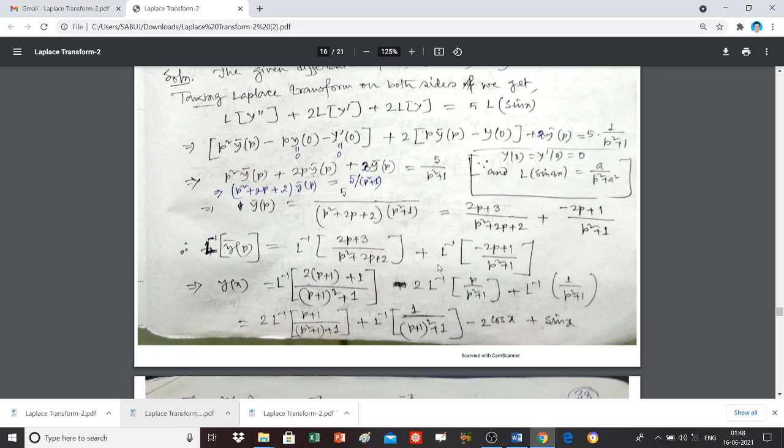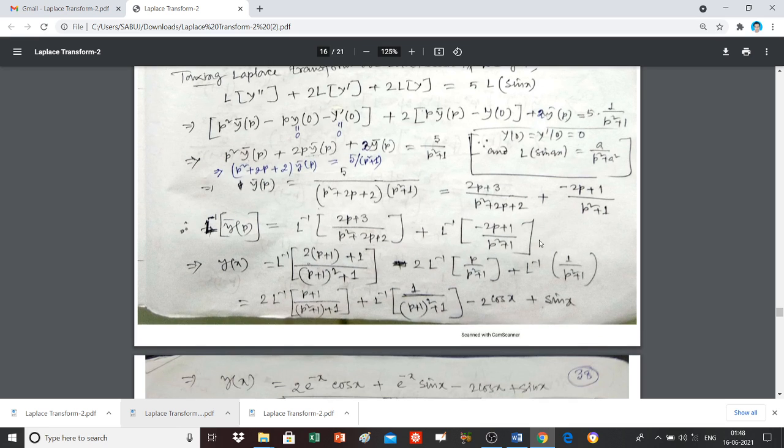And after that, the negative sign is here, this 2 is here, L inverse p by (p square + 1), and plus L inverse 1 by (p square + 1). So just separating these terms, from the first term we will get 2 L inverse (p + 1) by ((p + 1) square + 1), plus L inverse 1 by ((p + 1) square + 1).